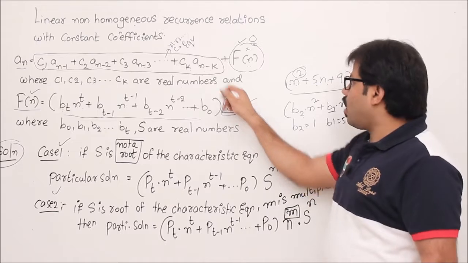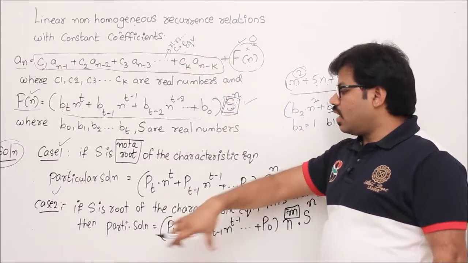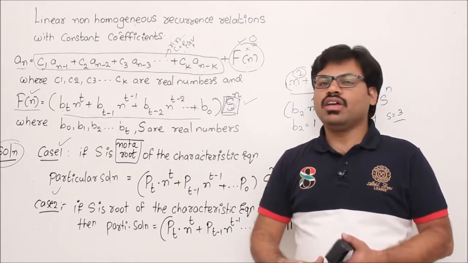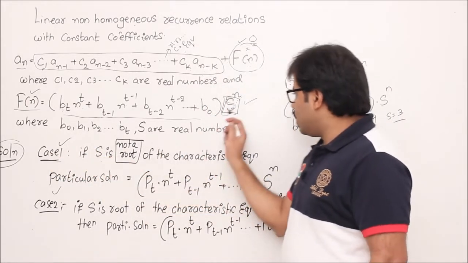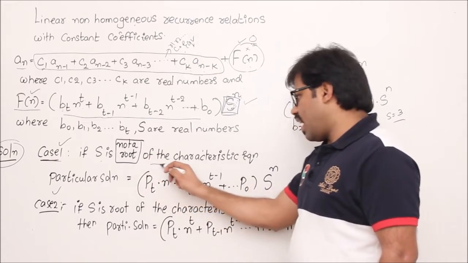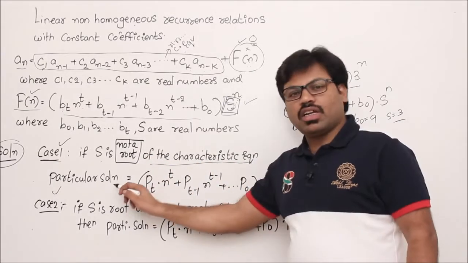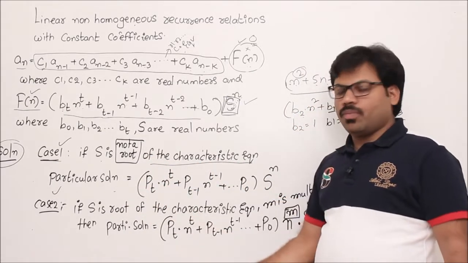If your s is not a root of this characteristic equation, then the particular solution is in another way. Okay, so let's take case number 1. Let's read it. If s, which is this one, is not a root of the characteristic equation, then the particular solution is in this form. What is that?